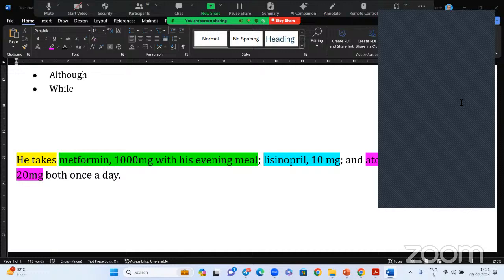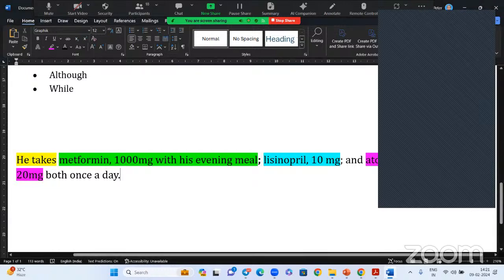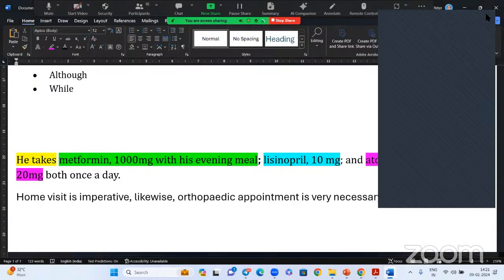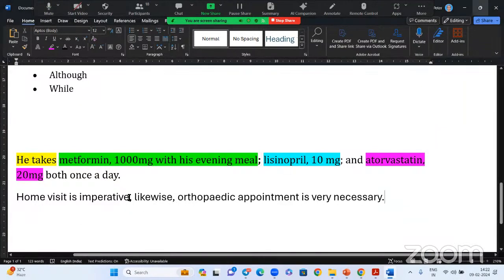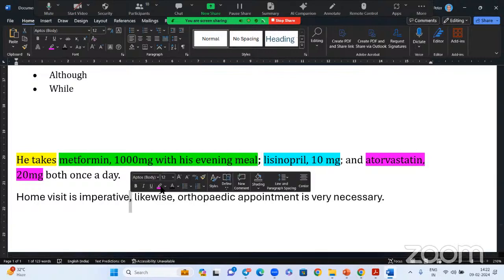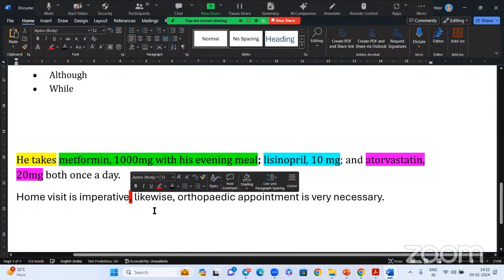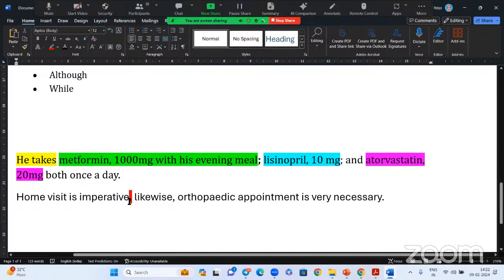So likewise, before likewise, you have to put a comma here. So this is his sentence. This sentence is definitely an A grade sentence, but it lost its A grade because he did not put a semicolon here. This is the danger zone. Here he should have put a semicolon and everything is perfect.